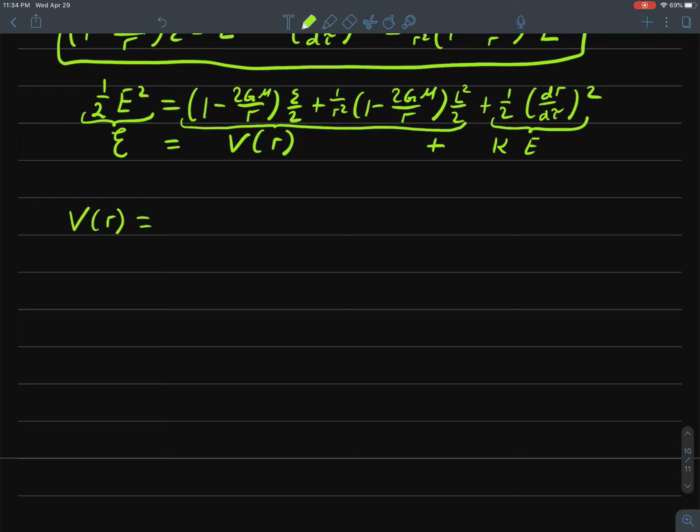Okay, so my potential is going to have 1 minus 2GM over r, which is just the Newtonian contribution for a massive particle, plus, and then let me go ahead and FOIL everything out, I'm going to have L squared over 2r squared, and then minus 2GM L squared over 2r cubed. And let's go ahead and cancel out these 2s.